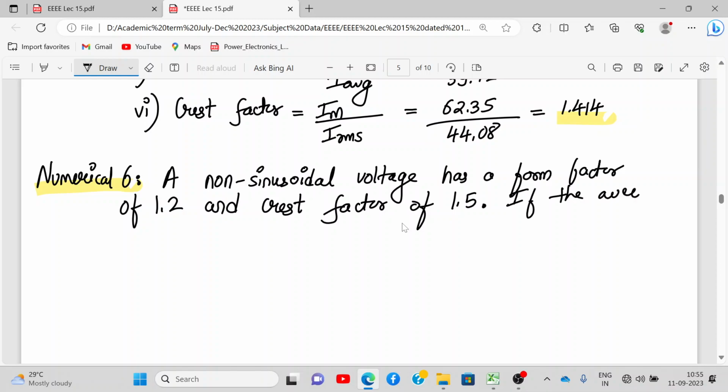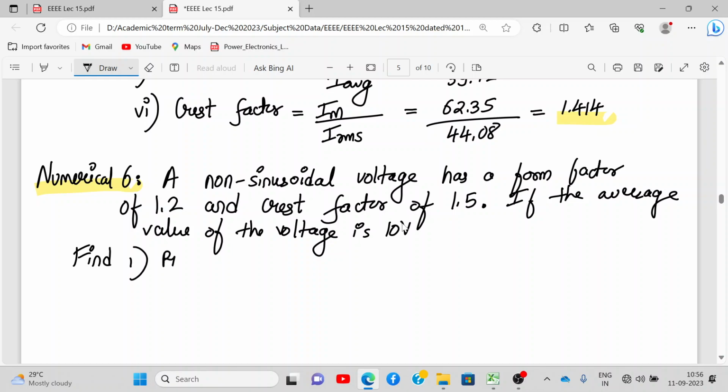If the average value of the voltage is 10 volt, find RMS voltage to maximum value.